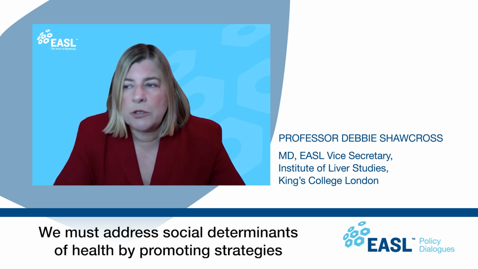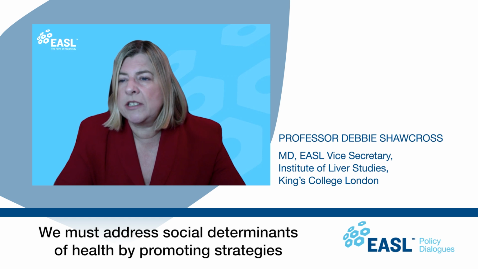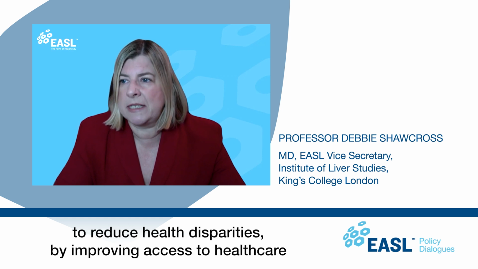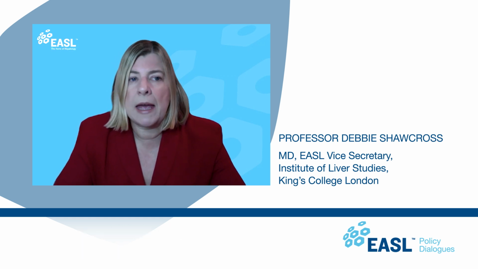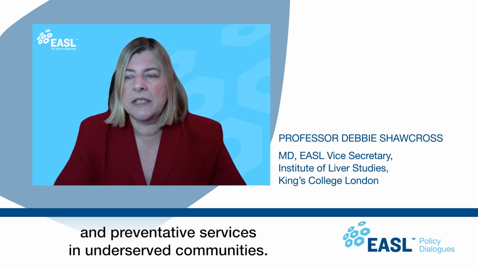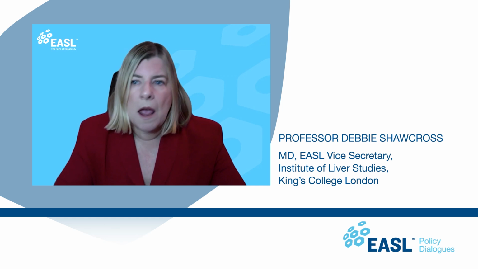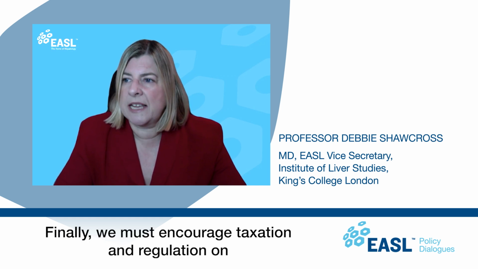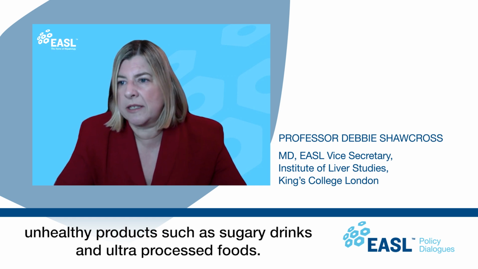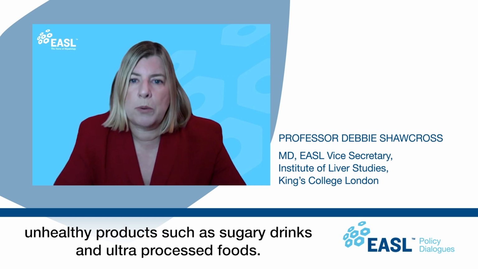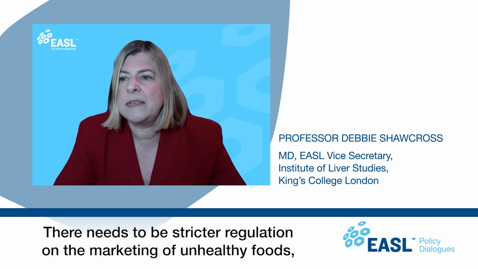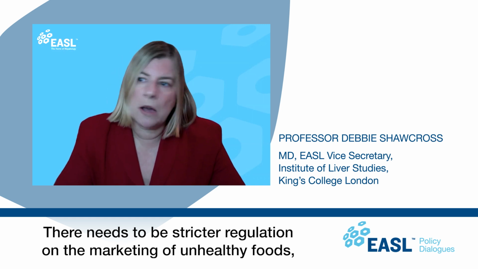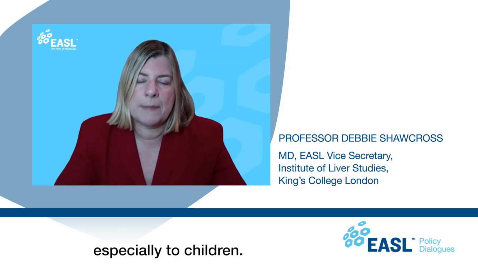We must address social determinants of health by promoting strategies to reduce health disparities by improving access to healthcare and preventative services in underserved communities. Finally, we must encourage taxation and regulation on unhealthy products such as sugary drinks and ultra-processed foods. There needs to be stricter regulation on the marketing of unhealthy foods, especially to children.